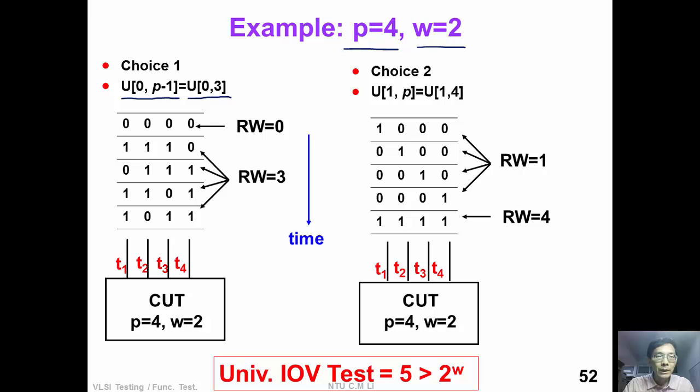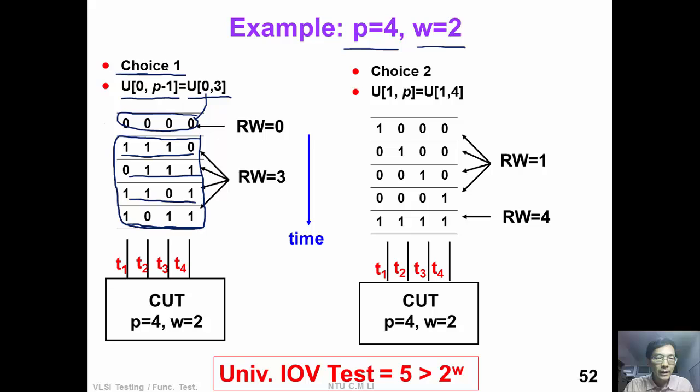So what does that mean? It means a row vector where all the row weight is 0. It also means all the possible combinations where row weight is 3. In this example, we have 1110, 0111, 1101, and 1011.